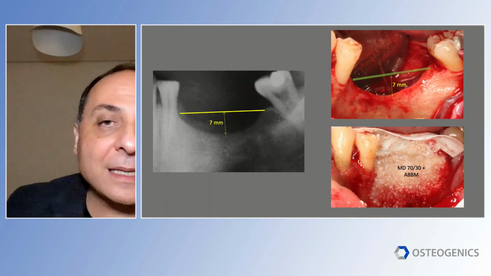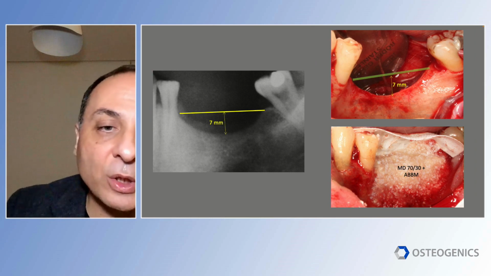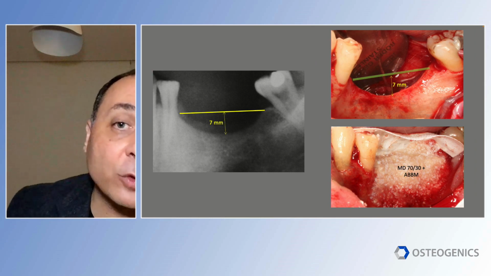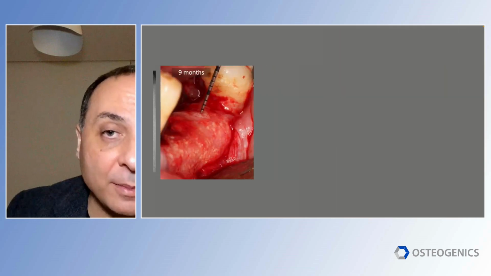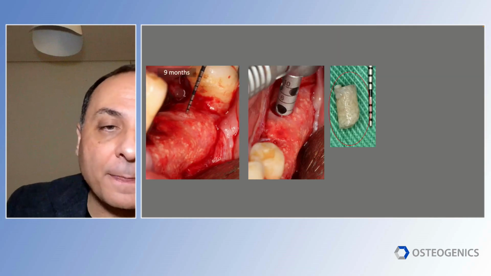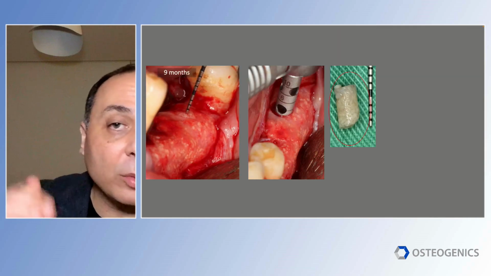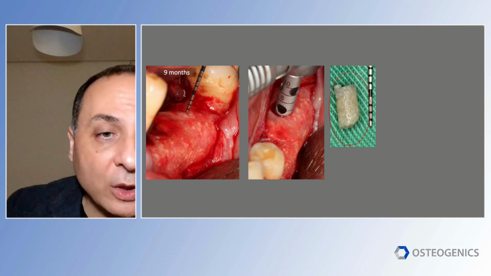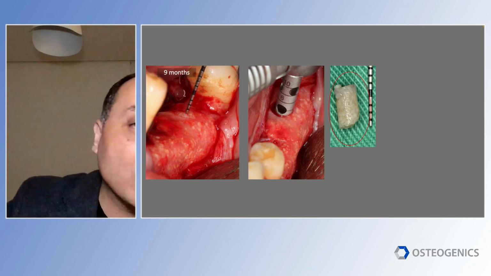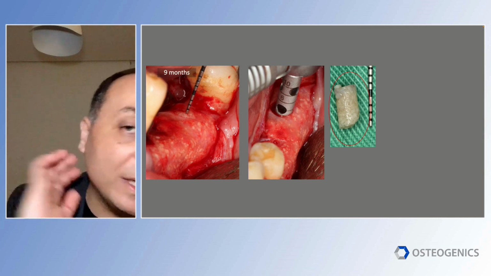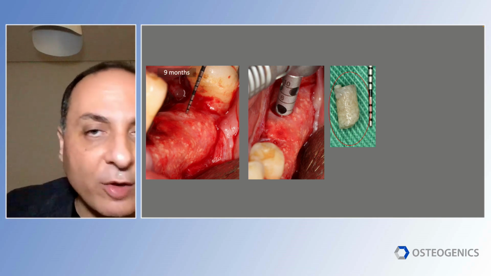A quick case showing histology. Quick histology. So look at this case: vertical augmentation, 7 millimeters, same graft. And when you're building the bone vertically on 7 millimeters, and you take a core biopsy and you have this density of bone inside the trephine, that means that you have a lot of bone.